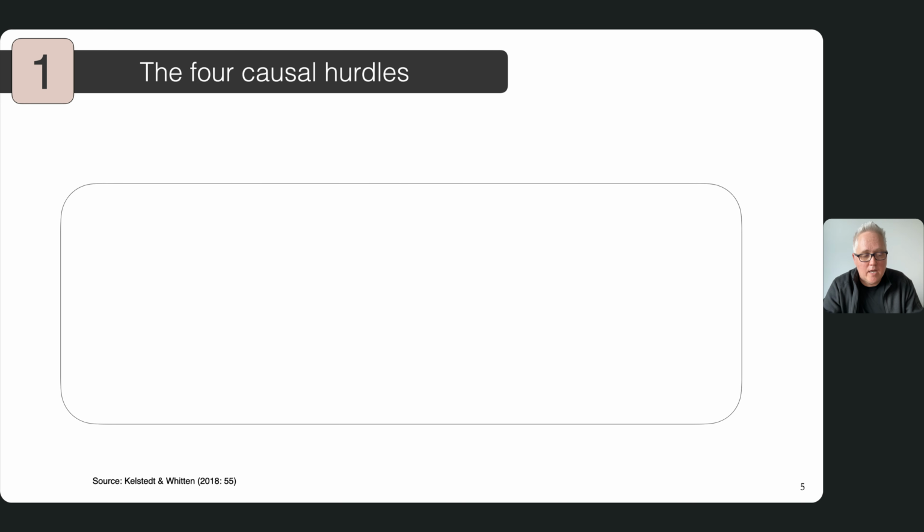So let's go ahead and really tie it back to what we talked about in previous weeks. The first couple of weeks of the class, in the Kellstedt and Whitten textbook, they presented four causal hurdles that an argument and research design needed to pass in order to really approach explaining an outcome using causal inference. The first is you need some basic credible causal mechanism linking your explanatory factor to your main outcome.